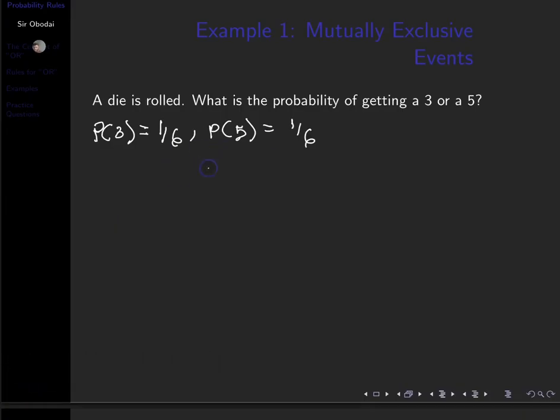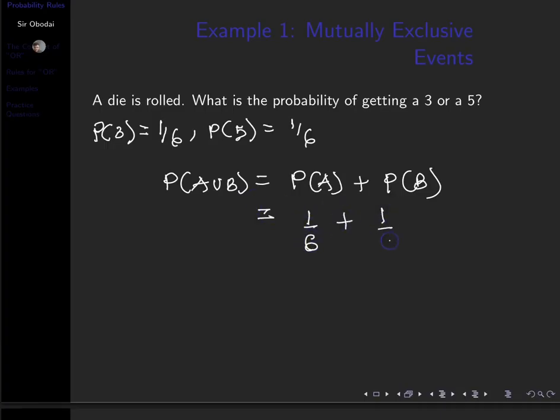Hence, using our formula for mutually exclusive events, the probability of A union B is equal to the probability of A plus the probability of B. Substituting, we have 1 over 6 plus 1 over 6, which gives us 2 over 6.